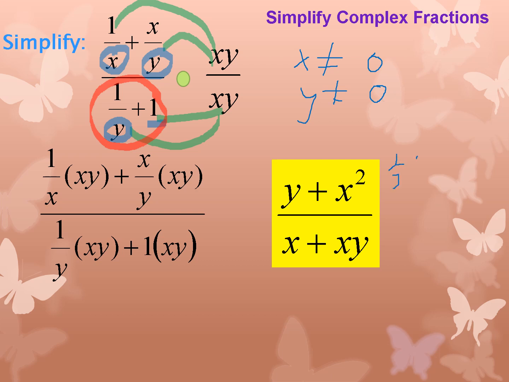Sorry, I'm writing on the PowerPoint, and that is a y, not a 1. So what we're going to do is solve this. I'm going to have 1 over y equals -1.